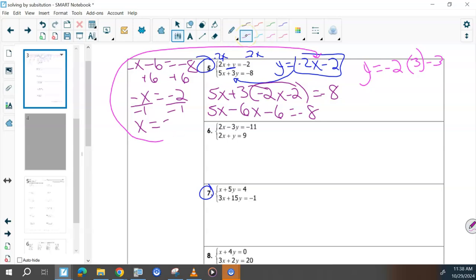Negative, positive 2. Okay, not 3, 2. 4 minus 2 or negative 6. And that would be 2, negative 6.